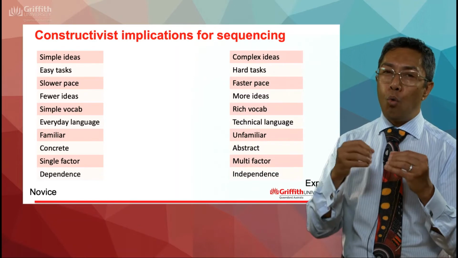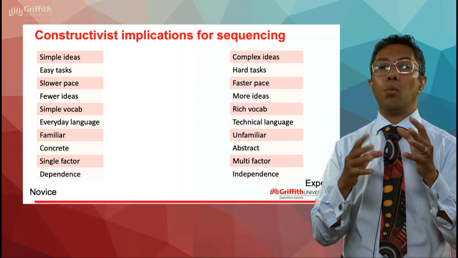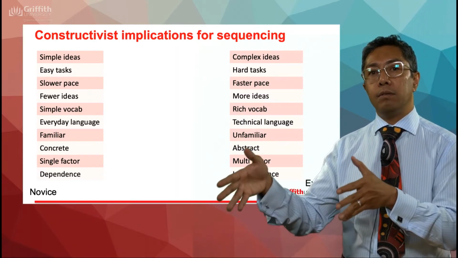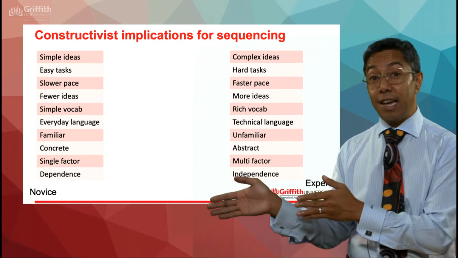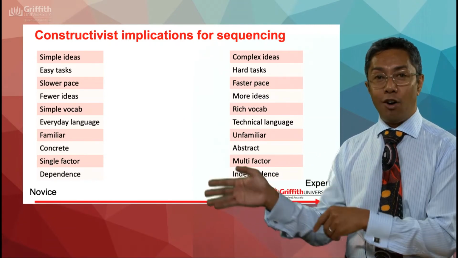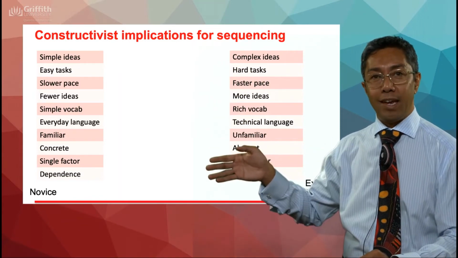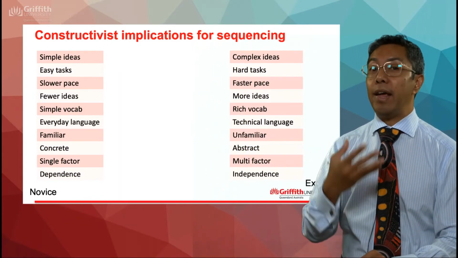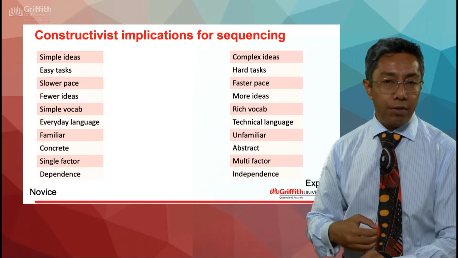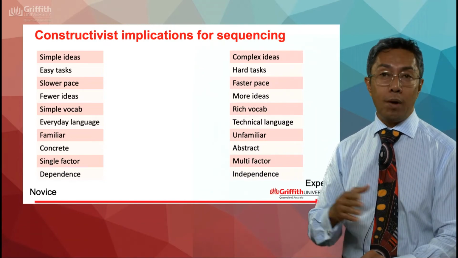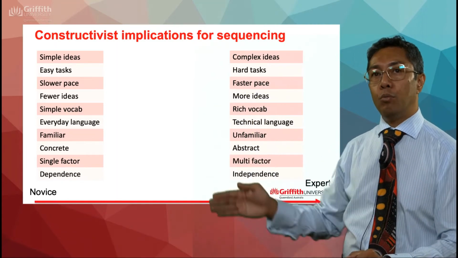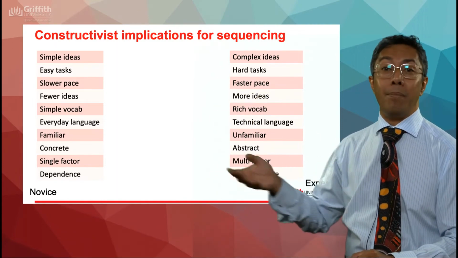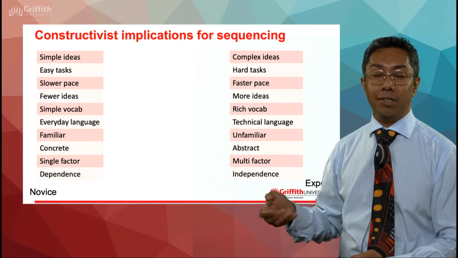So there's a whole range of continua that we can scaffold the students' learning, making sure that if they're down the novice end, then we are focusing on those issues over there. And as students become more expert, as they become older, more mature, we are shifting what we do towards more this end, because then that replicates the real world.